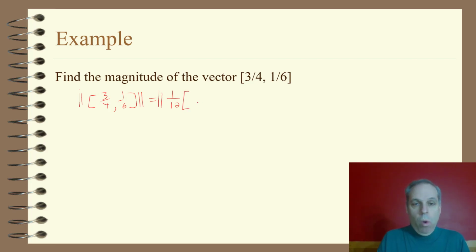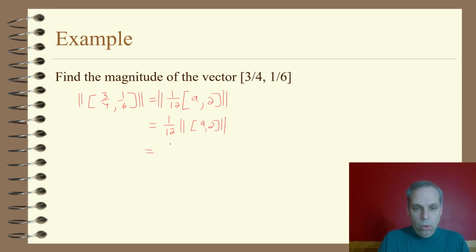If you take 1/12 out of 3/4, that would then give you a 9. And take 1/12 out of 1/6, and that would give you then 2. So the length then is, you can take the scalar out, just take its absolute value, and take the length of the vector that's left behind.